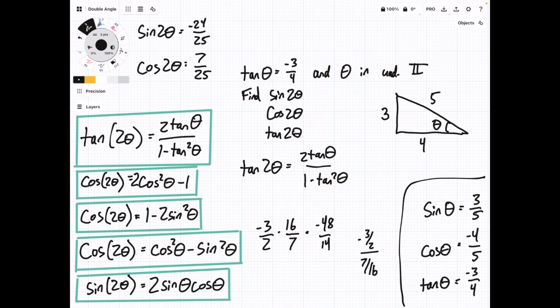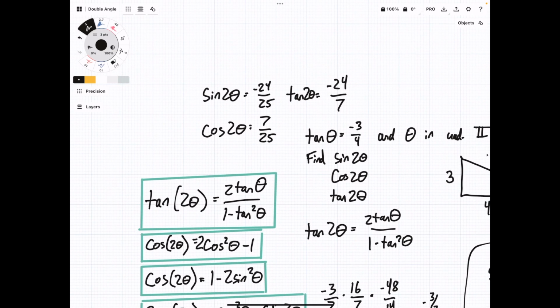And we can divide both of these sides, top and bottom, by 2. So we're going to get negative 24 over 7 is equal to tangent of 2 theta. So grab all this, and then up here, these are our answers to this problem.